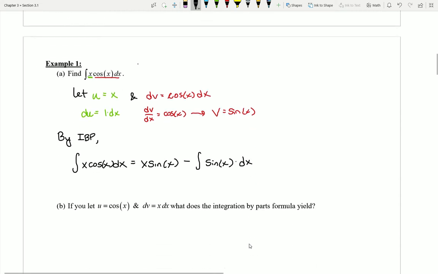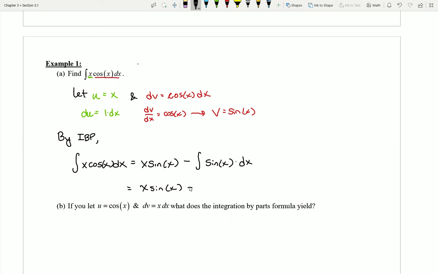So notice we haven't yet answered the question, because while we know that this integral is equal to all of this, we still have another integral over here to evaluate. And remember that we're going to keep our fingers crossed and really hoping that that's an easy integral to work with. Fortunately here, it is a very easy integral. What can I take the derivative of that would get me to an answer of sine?